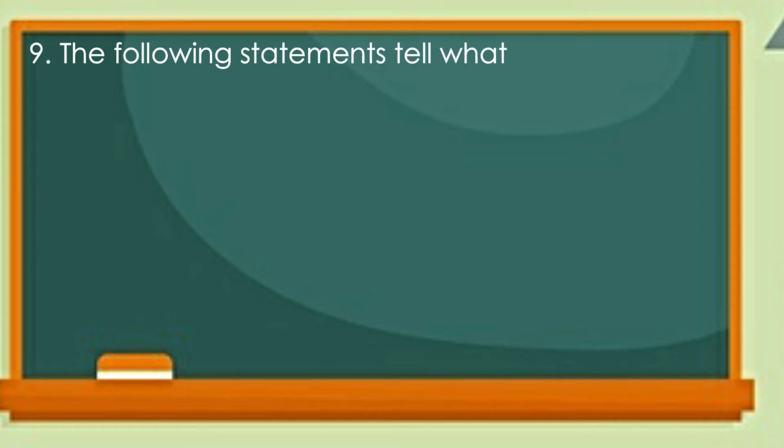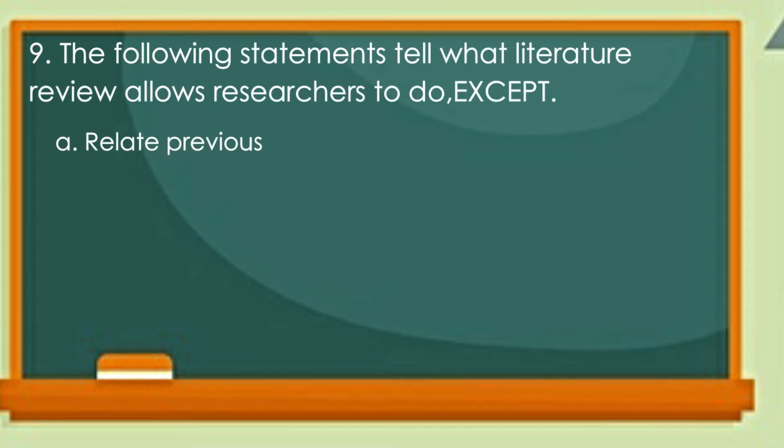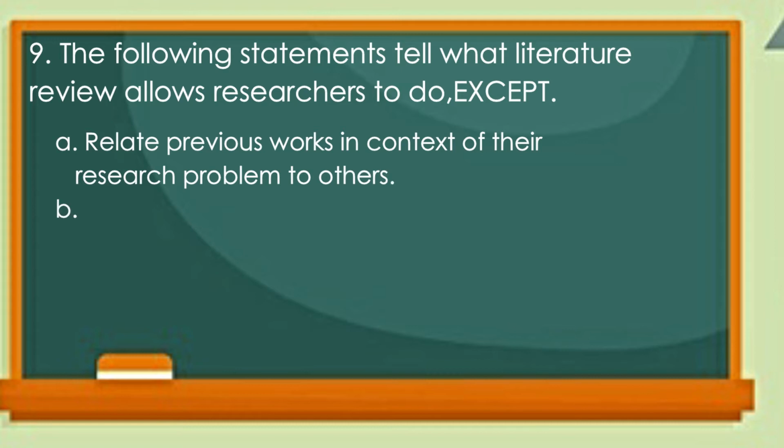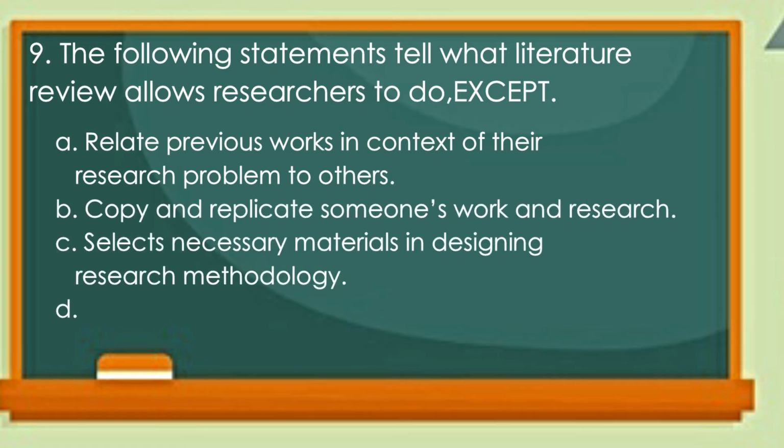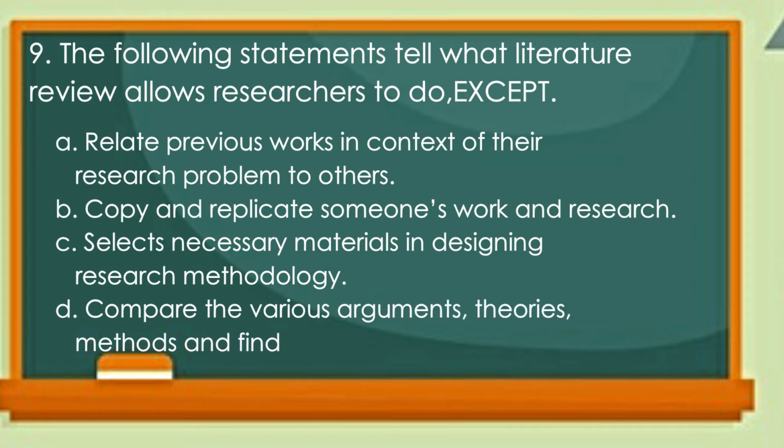Number 9. The following statements tell what literature review allows researchers to do, except A. Relate previous works in context of their research problem to others. B. Copy and replicate someone's work and research. C. Selects necessary materials in designing research methodology.